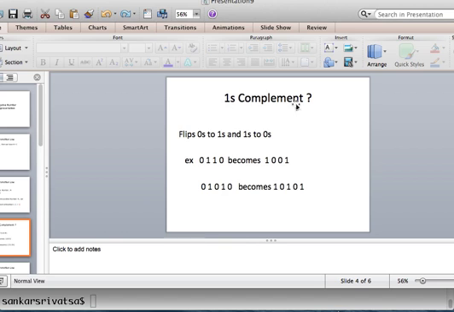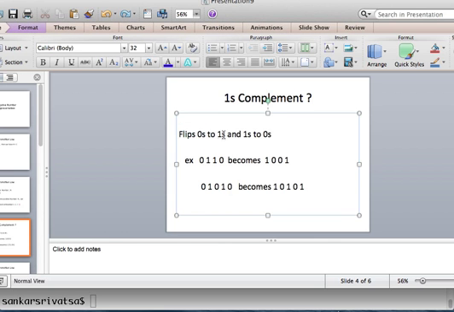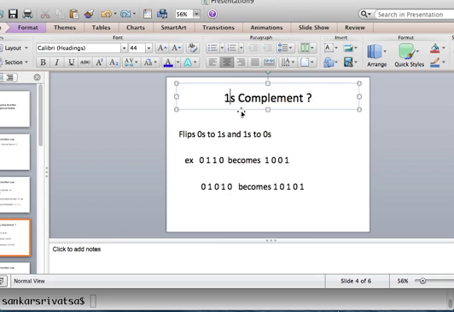In any bit or byte, if you flip the zeros to 1 and the ones to zeros, you get the 1's complement of that number. That is what 1's complement is all about.